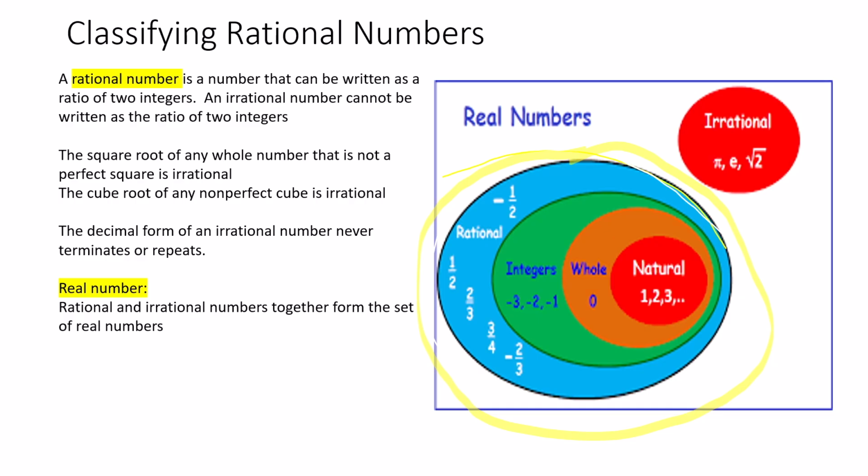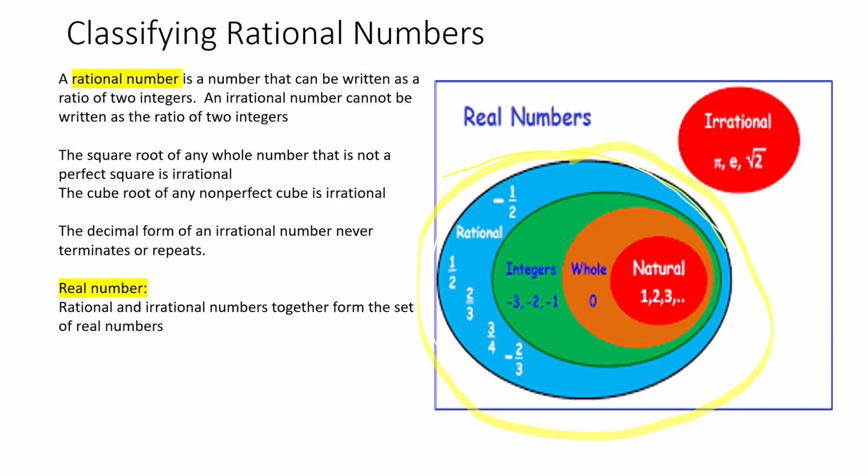So a couple things we need to know. Rational numbers are numbers that can be written as a fraction. Irrational numbers cannot be written as a fraction. So what we want to look at is within the rational numbers, we can get more specific. Obviously there's a lot of numbers that can be written in fraction form.